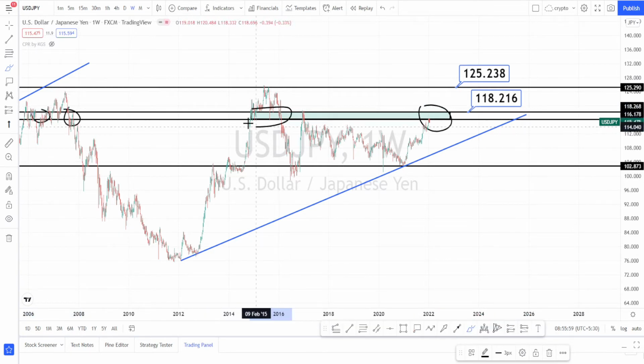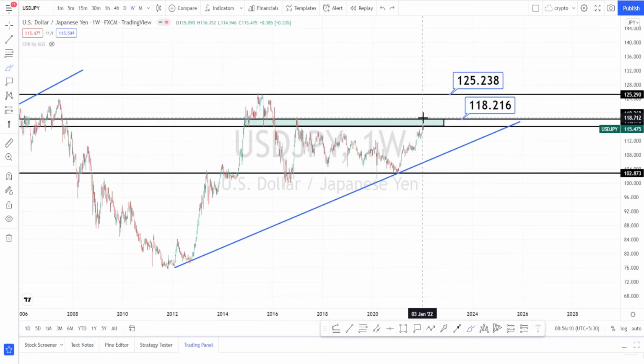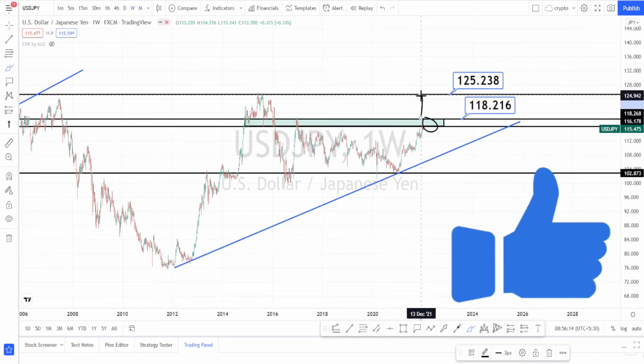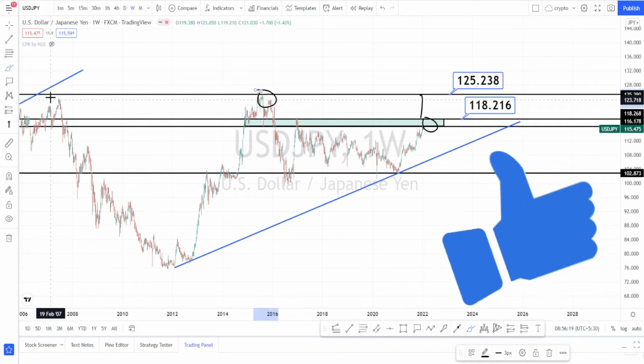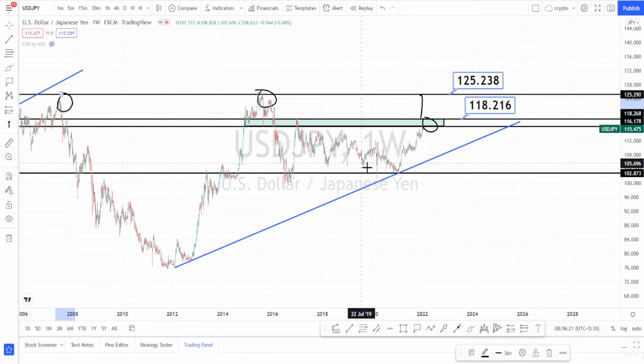Here also it has acted as a very strong support and resistance, so it will take much longer to break this resistance level. Even if it manages to break this resistance level, the next level of resistance is going to be at 125, and in the past also we have noticed price getting rejected at this resistance level.